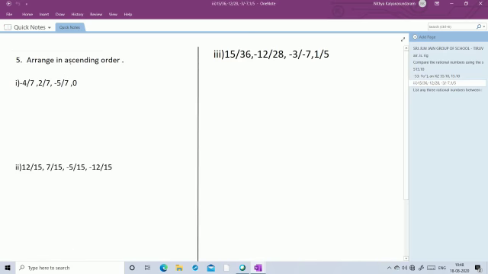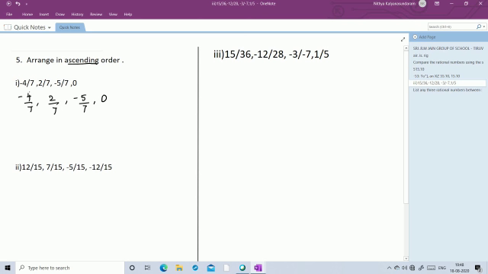Next question, arrange in ascending order. Ascending order means smallest to greatest. Here we have minus 4 by 7, 2 by 7 and minus 5 by 7, comma, 0. Here the denominators are same. Compared to negative, 0 is greater, then positive is greater.